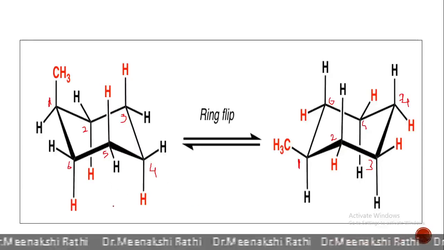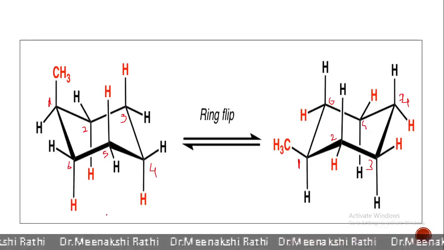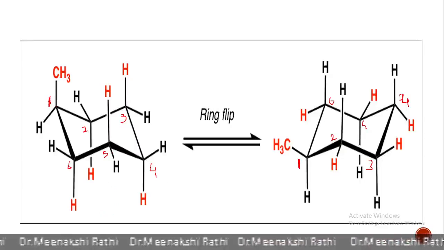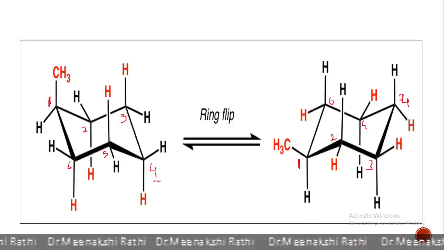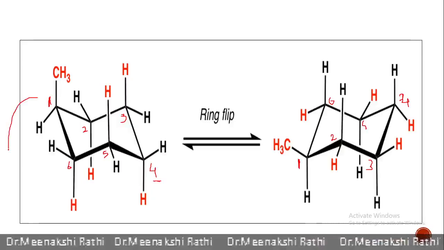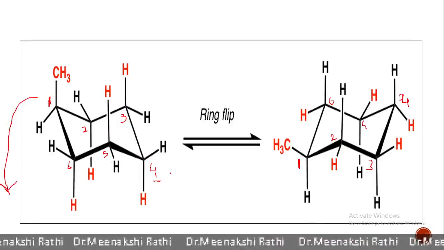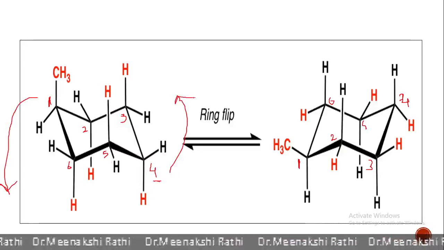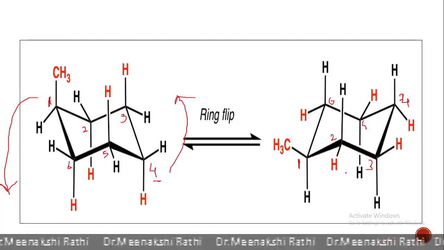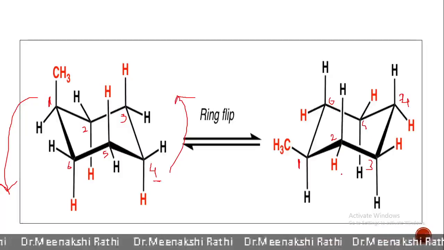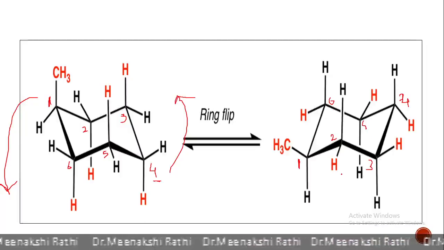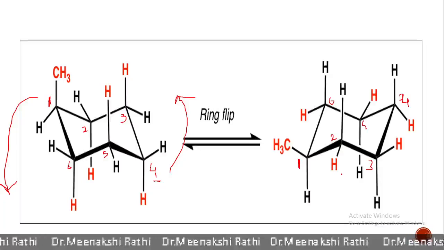See here, what happened in the first chair conformation, first carbon atom is above the plane and fourth carbon atom is below the plane. When we took first carbon below and fourth carbon atom above the plane, then we get such type of structure. And that phenomenon, changing one chair form into the other, is known as ring flipping.